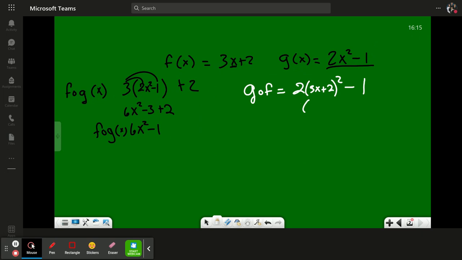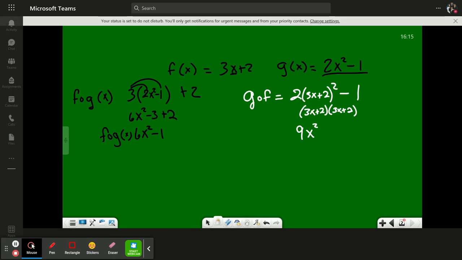So I'm going to do 3x plus 2 times 3x plus 2. Foiling that out, I'm going to get 9x squared. I've got 6x and 6x, so that's going to give me 12x plus 4.